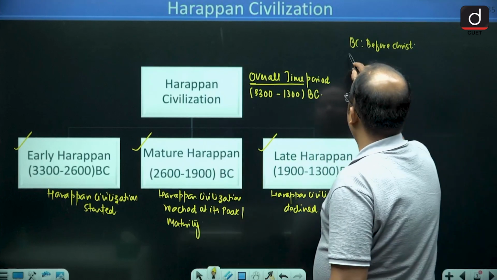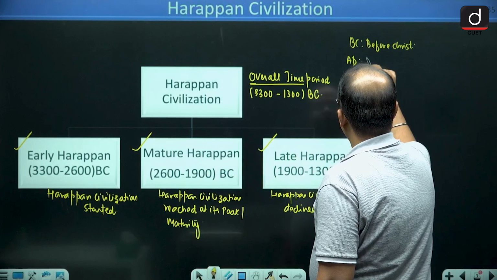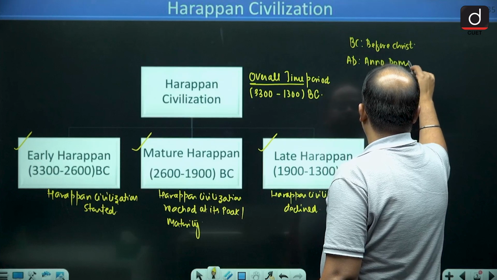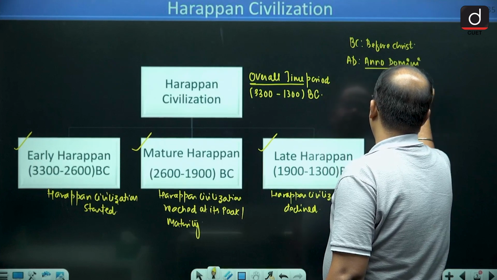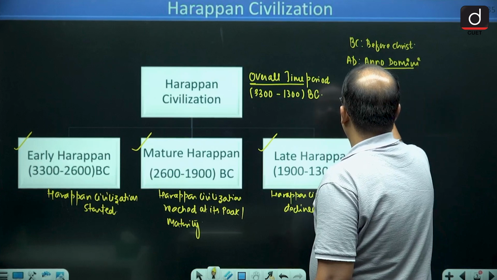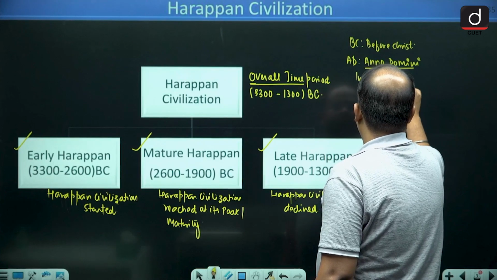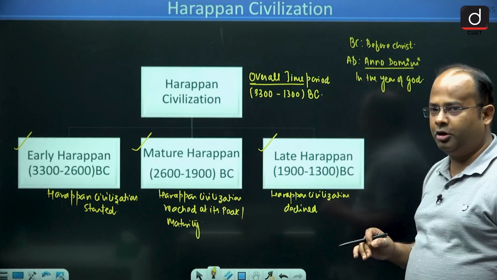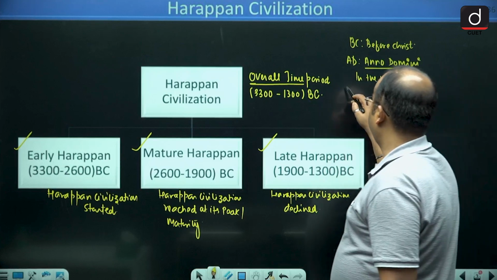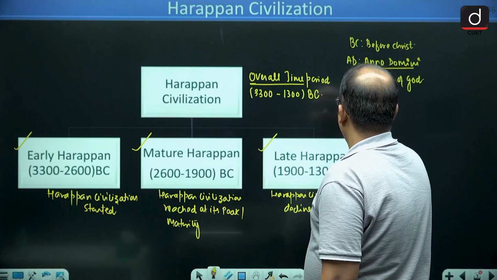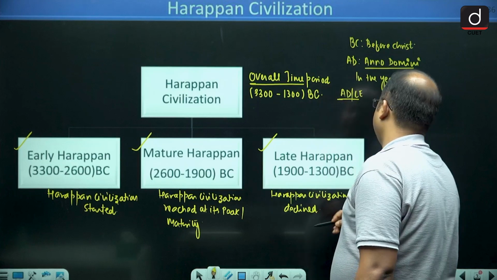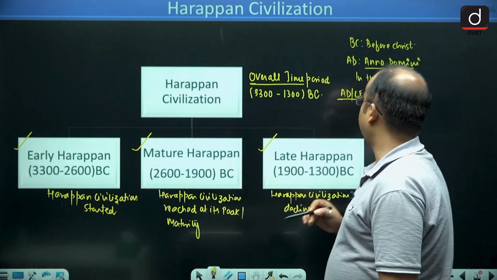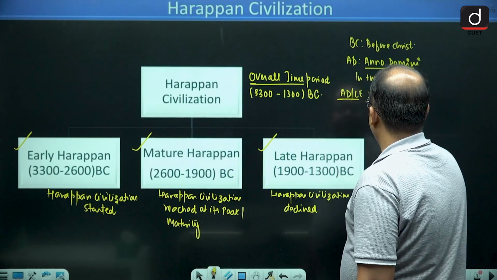Next we have the time period called AD. AD is a Latin word which means Anno Domini, that is, in the year of God. Anno Domini and CE is used for AD. CE is also now being used in place of AD, and CE means Common Era.